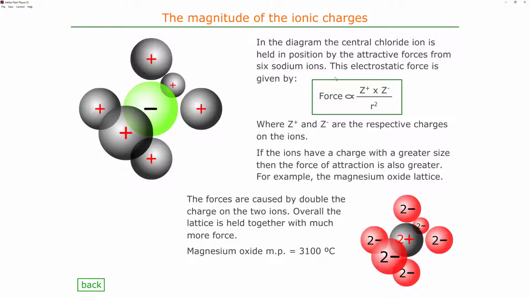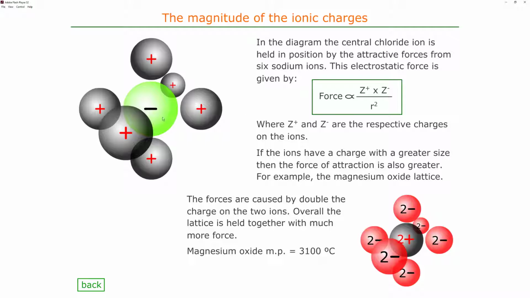Remember, our force of electrostatic attraction is proportional to Z plus times Z minus over R squared. Well, the plus and the minus are both 1 in magnitude, and R squared is the distance between them, or the internuclear distance.